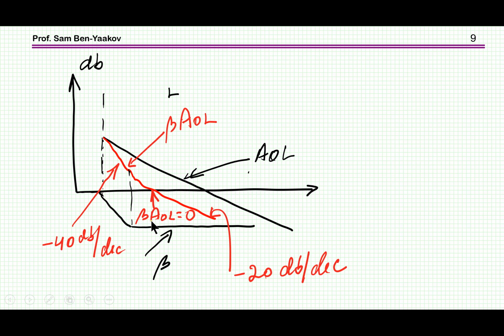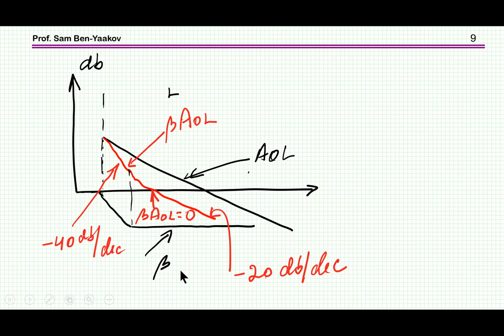This is where beta A open loop should be 1. This is 0 dB, okay? That's 1, it's in dB 0, but beta A open loop is 1. Then I can shape this beta such that this crossover will be at low frequency. So from this frequency and up, we have a beta A smaller than 1.